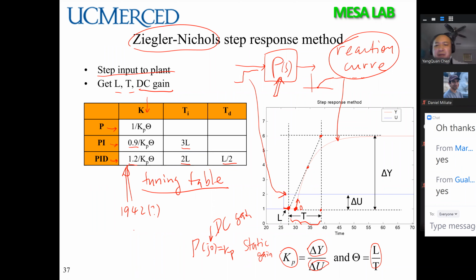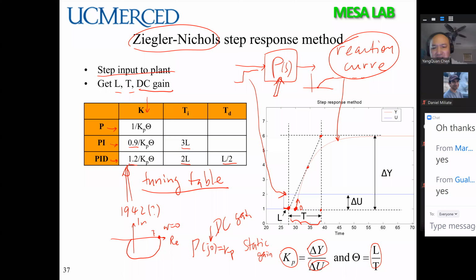I remember you have a plant, with a real part and an imaginary part. When omega is 0, it is a constant, so this part is the DC gain. Then as omega goes to infinity, it goes to here.